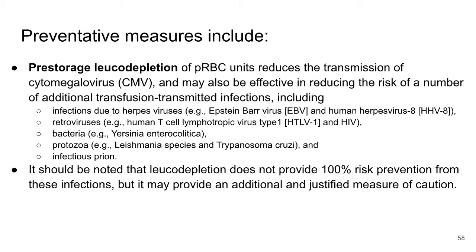The infection preventive measures in thalassemia patients include pre-storage leukodepletion of RBC units, which reduces the transmission of cytomegalovirus, and may also be effective in reducing the risk of a number of additional transfusion transmitted infections including herpes virus, retrovirus, bacteria like Yersinia enterocolitica, protozoa like Leishmania species and Trypanosoma cruzi, and infectious prions.